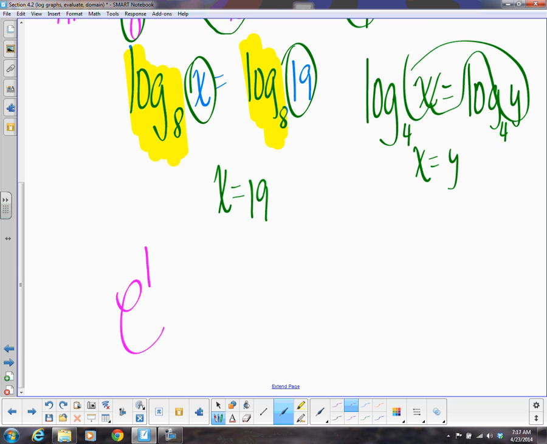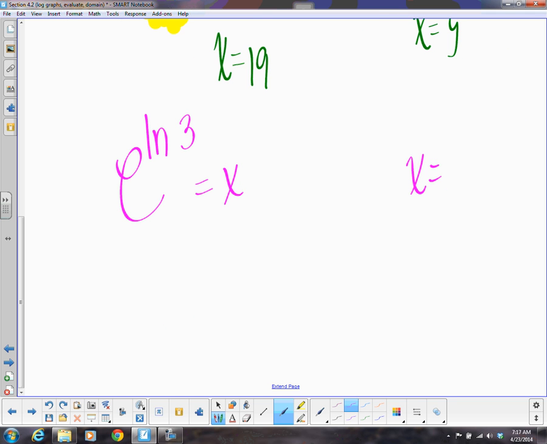All right, so if I have e raised to the natural log of 3 equals x, can you tell me what x equals? X equals 3. Why? What's the base of ln? E. So if I were to redo this, I would say natural log of the base, which is e.